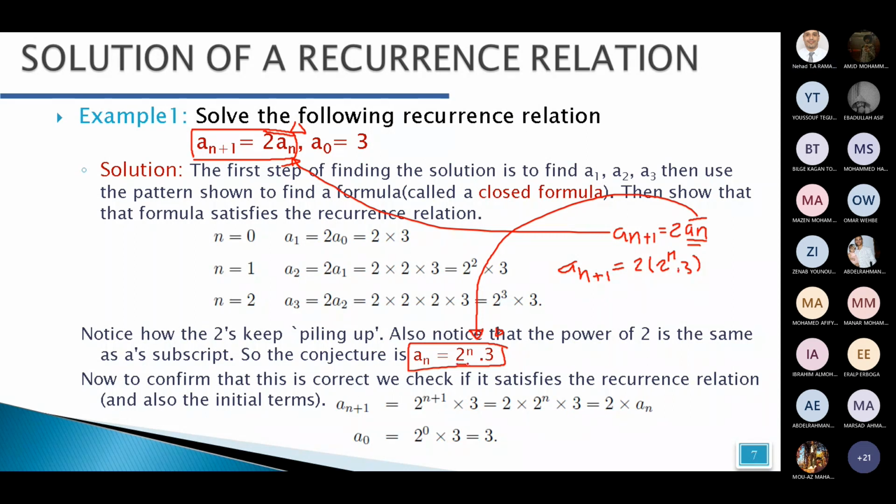This one, 2 power n multiplied by 3, is the an. We put it here and multiply it. So a(n+1) equals 2 multiplied by 2 power n. When you multiply the same number, you add the powers. So 2 power 1 multiplied by 2 power n is 2 power n+1, multiplied by 3.